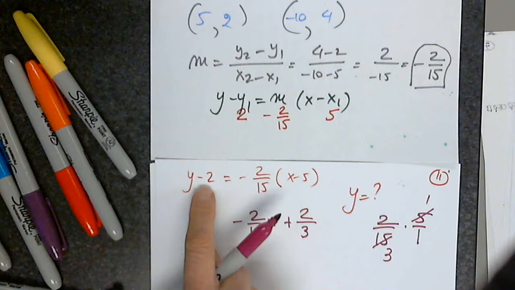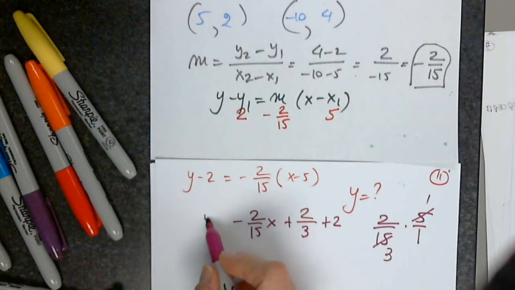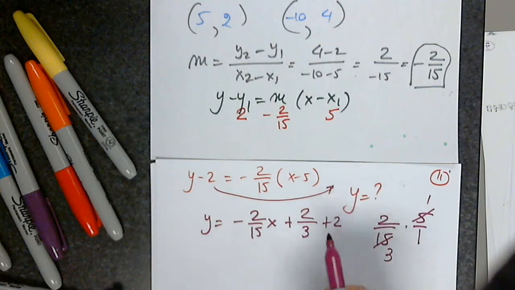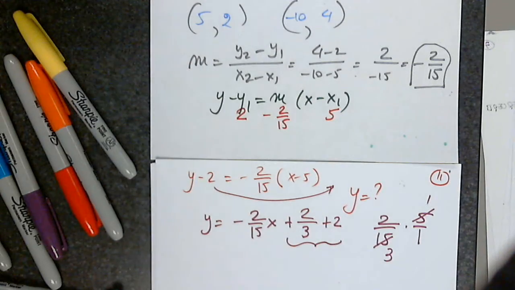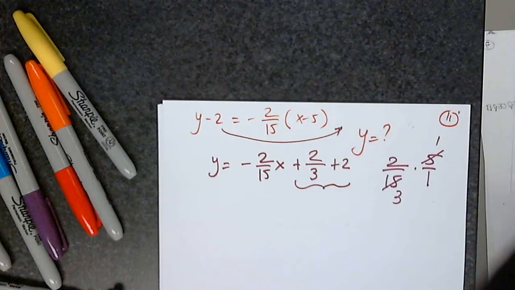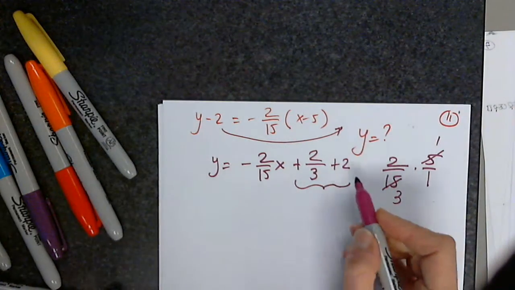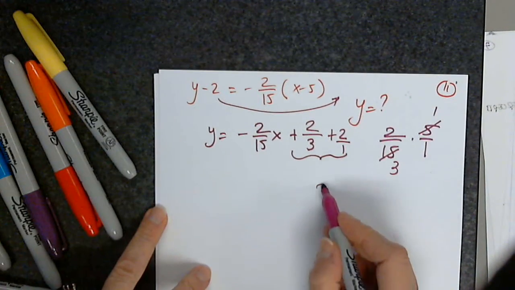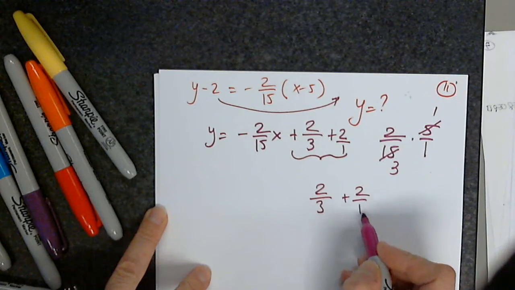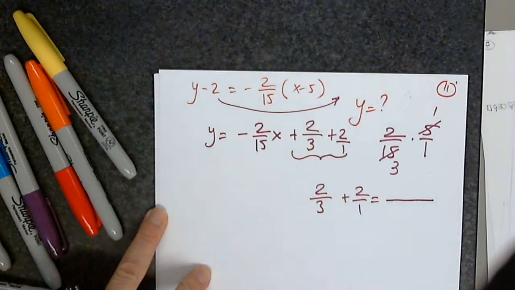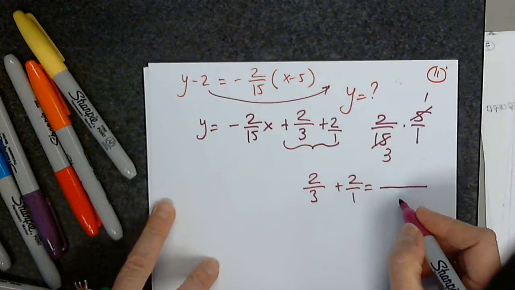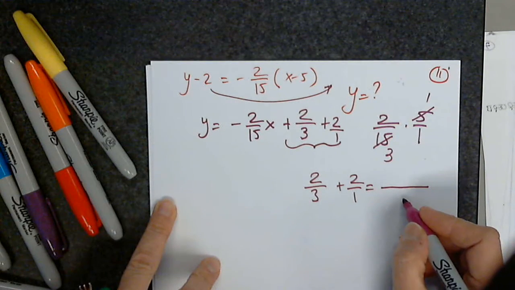I have to bring 2 to the other side. And I did. And now I have to add these two. I have to remember how to add fractions. The second one is 2 over 1. So how do I add 2 over 3 to 2 over 1, finding the least common denominator? 3. Yes?